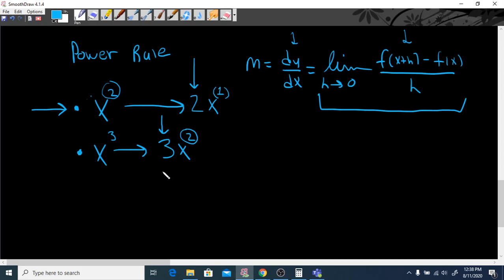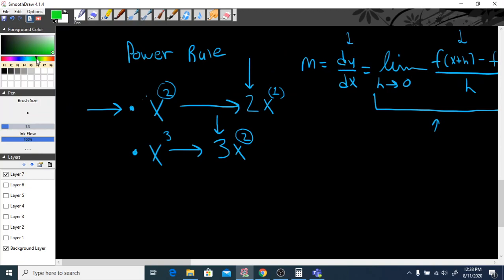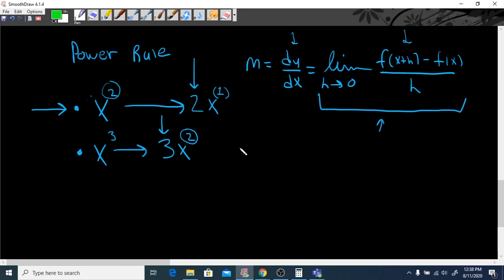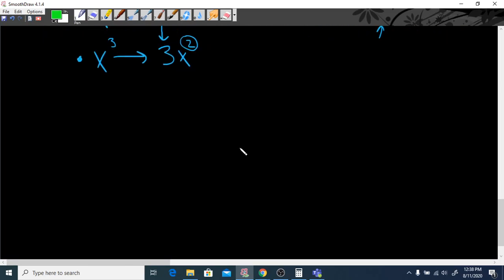Turns out, it doesn't matter what the exponent is. By running through this definition, if we have f of x, let's just suppose f of x is x to any number.